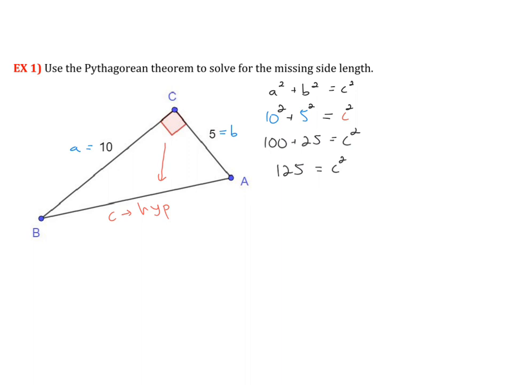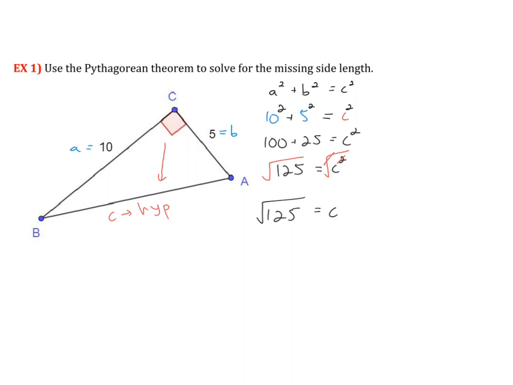So to get rid of that c squared, I'm going to square root both sides of the equation. On the right side, my square root cancels out with my squared, and I'm left with the square root of 125 is equal to c.